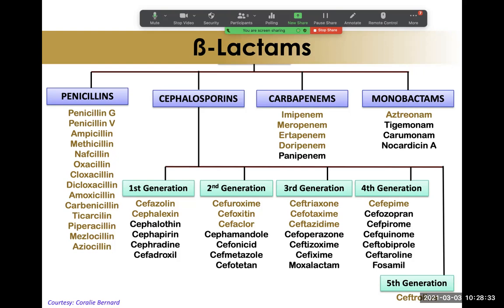And then once we discovered penicillin, and as the bacteria became resistant to penicillin, once you know the chemical structure, the scientists tried to modify the side chain, and they tried to make new antibiotics that are more potent than penicillin, because within a few years, penicillin resistance became rampant.